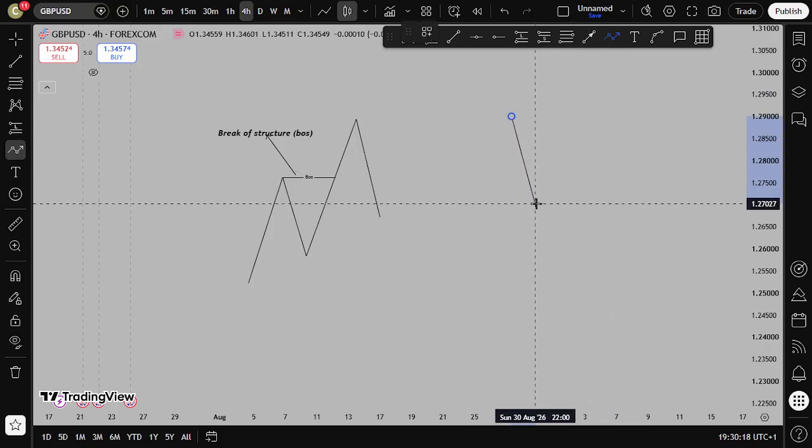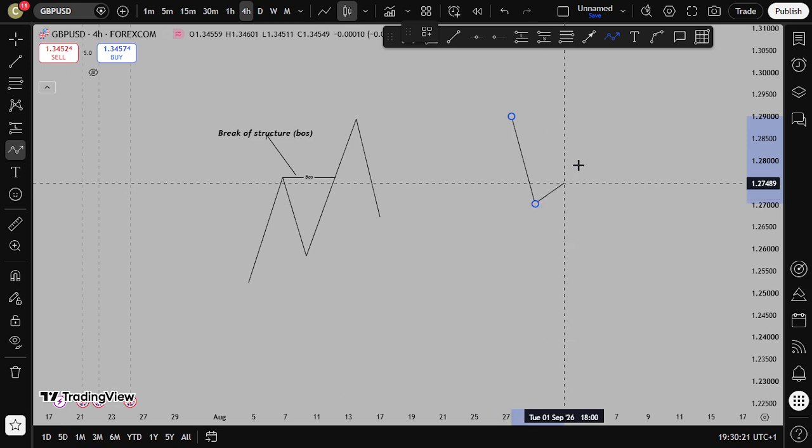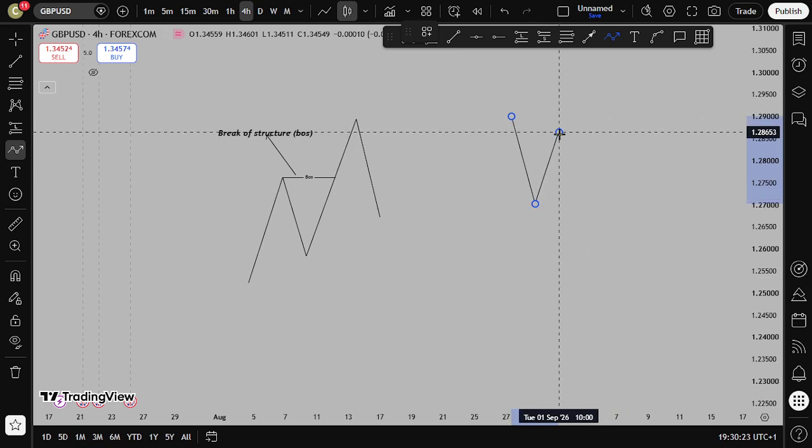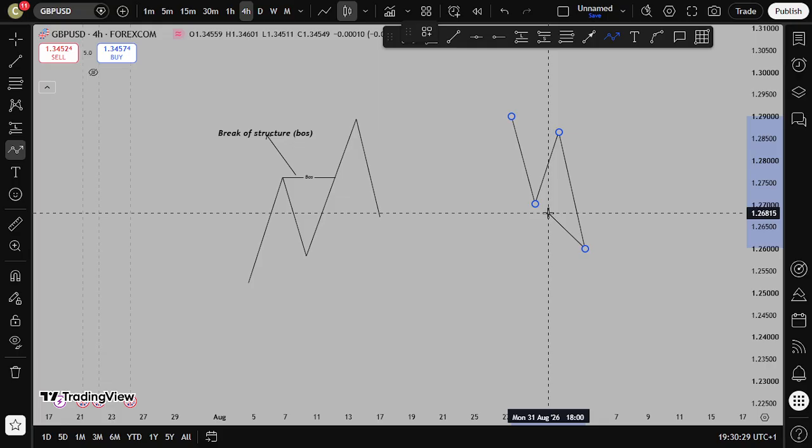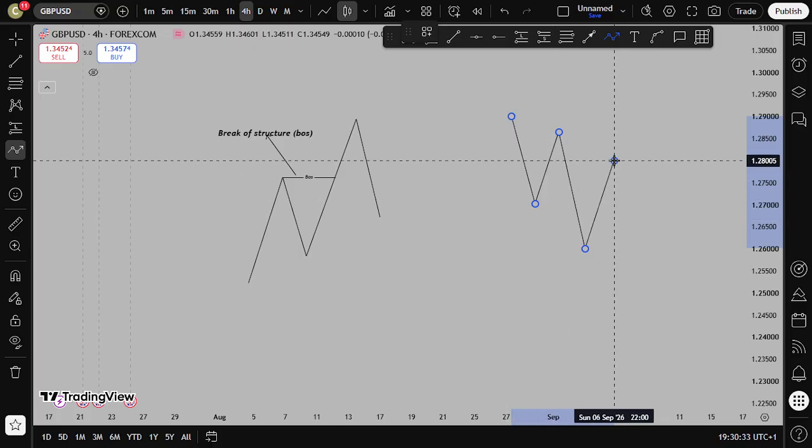Price created a lower low and now a lower high, now breaks the previous lower low. So it shows that the sellers are still in control. The sellers are the ones in charge of the market.